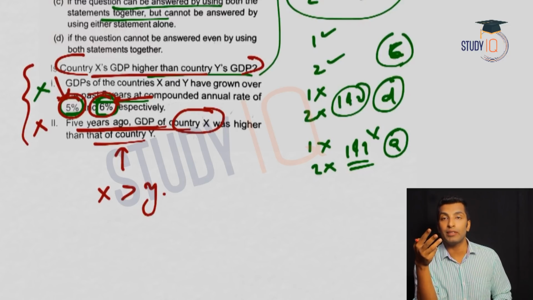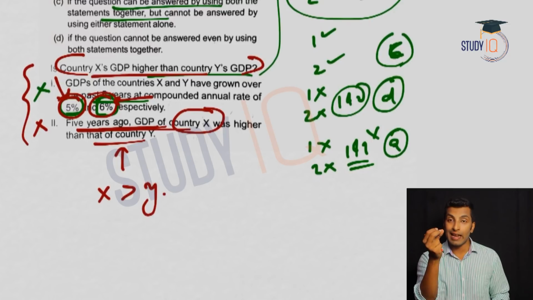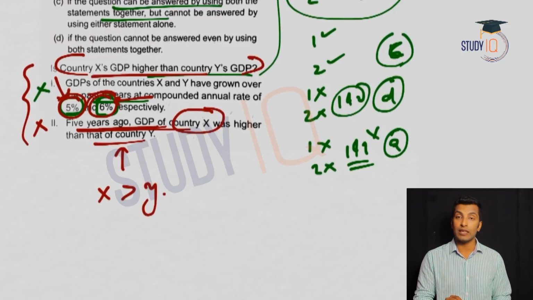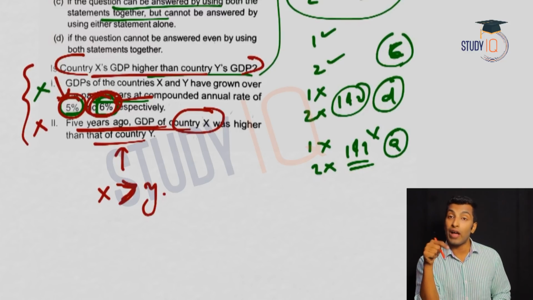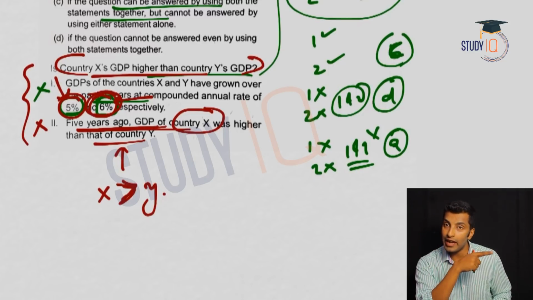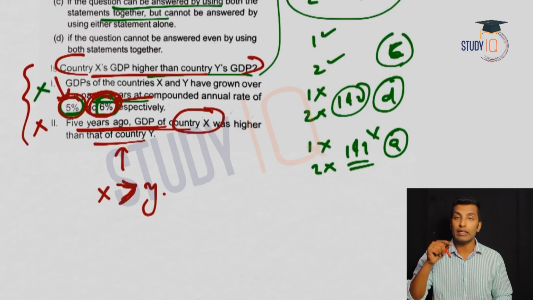It can be 2 rupees, it can be 3 rupees. We don't know how much higher. If it is very small in numbers, then Y is growing at 6%, so Y will overtake. If that was a small difference, then presently Y would be greater. But if it is a great difference, then even if Y is growing at 6%, Y cannot overtake, so X will be higher.